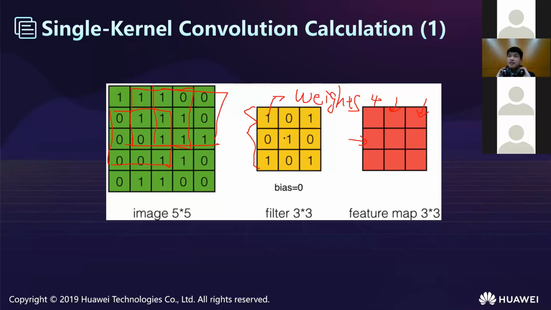The size of the kernel is a hyperparameter. You need to choose it by yourself. You can choose 3, you can choose 5, but yeah, 3 is better.